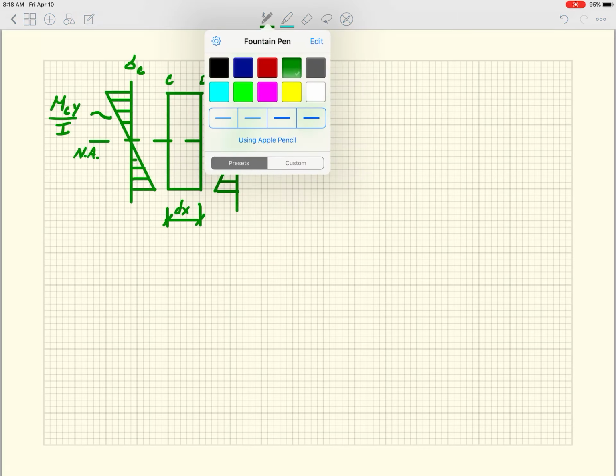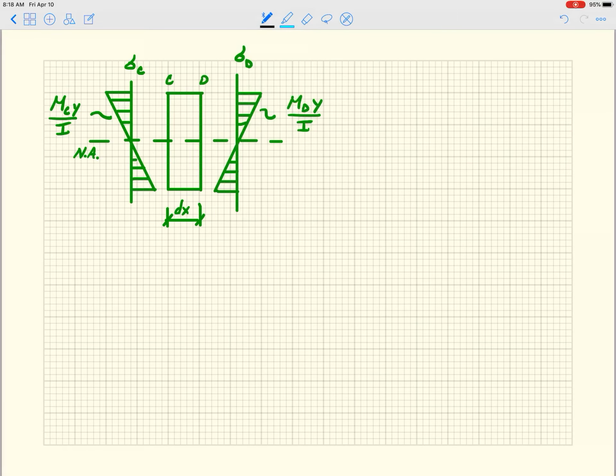Now, if I move over to the right here, I'm going to try to keep the neutral axis in exactly the same place, like that. Then I'm going to make a cut, and I'm going to retain just the top part of that free body that I pulled out. So that is dx.